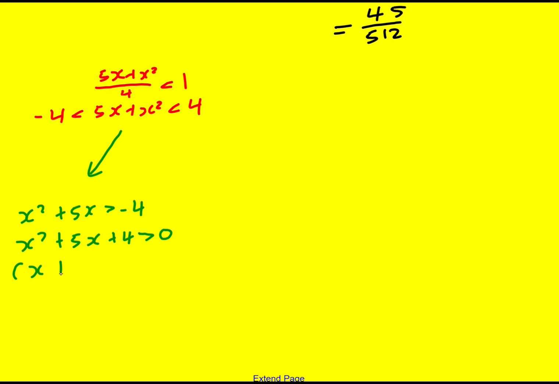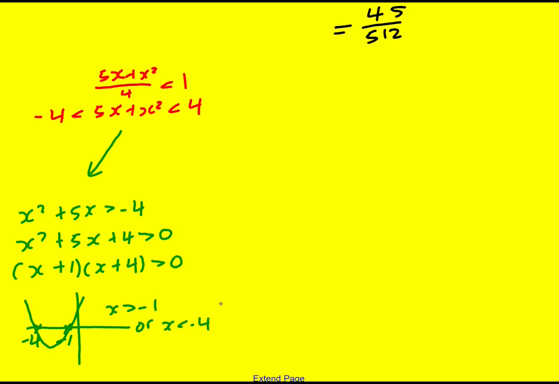Nicely, this factorizes. x plus 1, x plus 4 is greater than 0. So if I draw a quick sketch, I'm going to get roots at minus 4 and at minus 1. And it's going to be that x is greater than minus 1 or x is less than minus 4. Let's take a look at the other one.